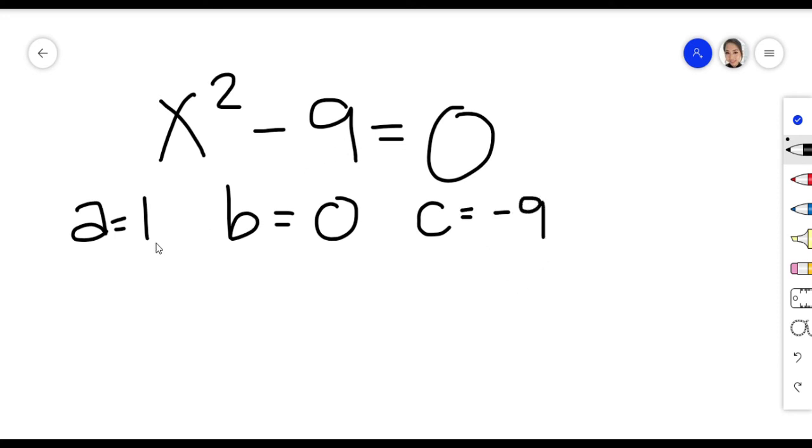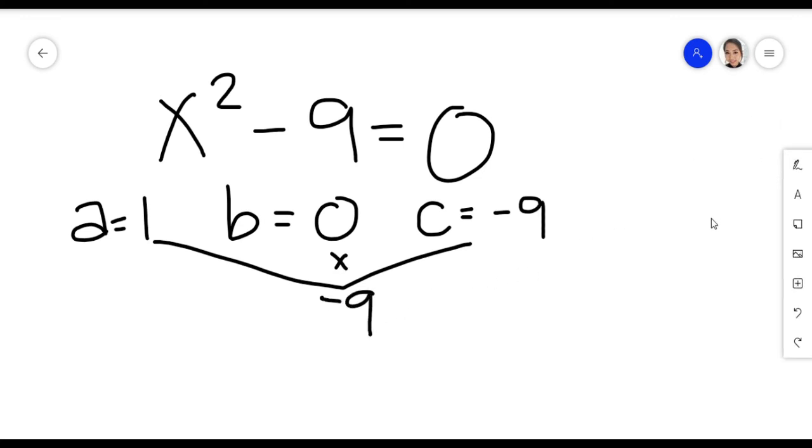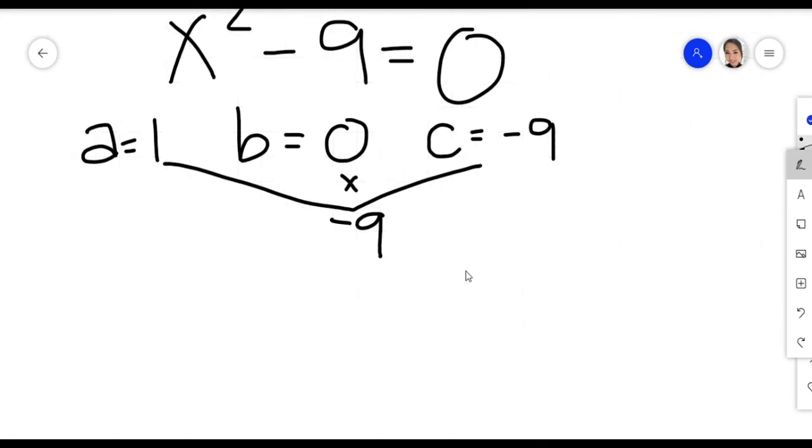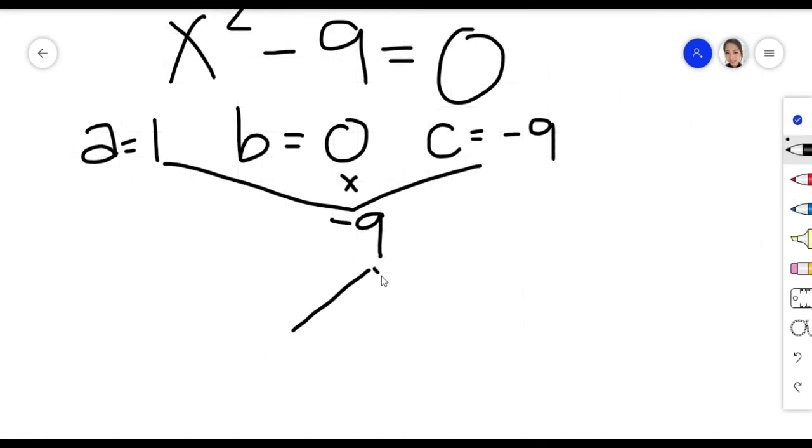So let's multiply A and C. 1 times negative 9 is negative 9. And then we have to find two numbers again that when multiplied give negative 9, but if we add these two numbers, the result is our B, which is 0.